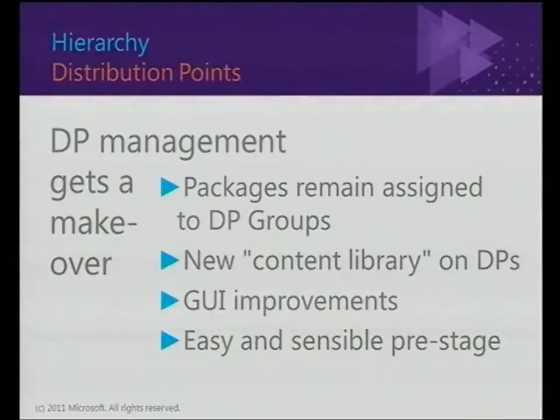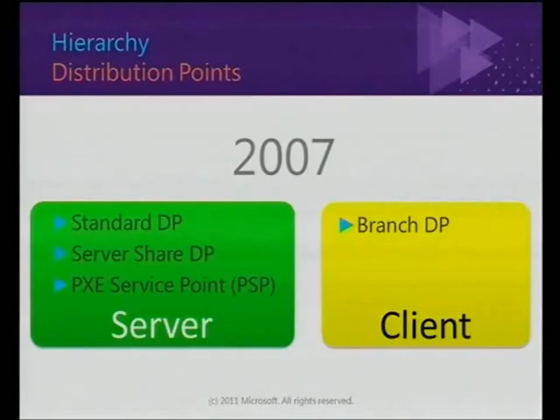There's a brand new content library, a new format that files are stored in on the distribution point. There's lots of GUI improvements, lots of wizards, and pre-stage gets good. All of these things I'm going to go through in a lot more detail later in this session. We'll drill down into these. But before we get to it, a little overview of the DP role itself.